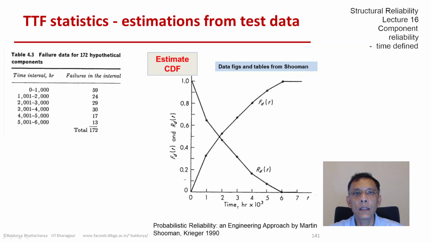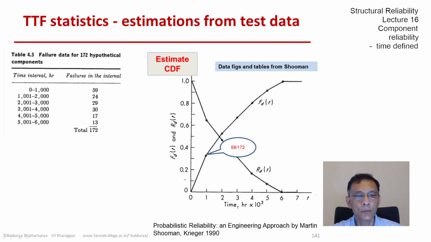So at the end of 1000 hours, 59 failures have occurred. So that gives us 1 point. So on the time axis, 1000 hours, and on the CDF axis, we have the next point, which is 59 over 172. So that is the definition of the CDF according to our estimation strategy.